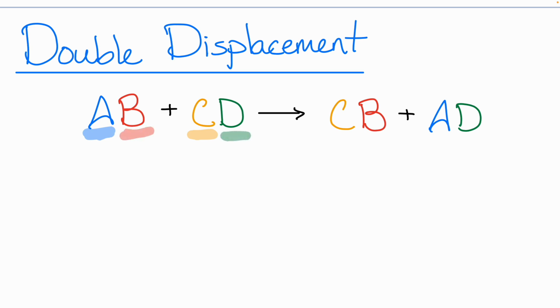So originally I have my blue A paired with the red B. Now I'm going to have that orange C paired with my red B. And A is now paired with D. All right, so in this reaction, we swapped our cations. A and C traded positions here. That's going to be fundamental to how we draw our products for these chemical reactions.